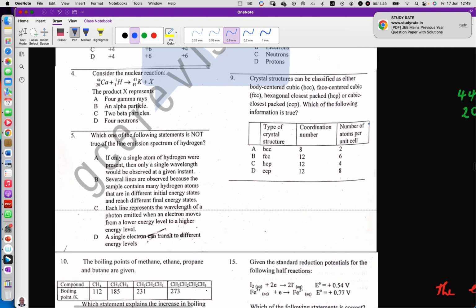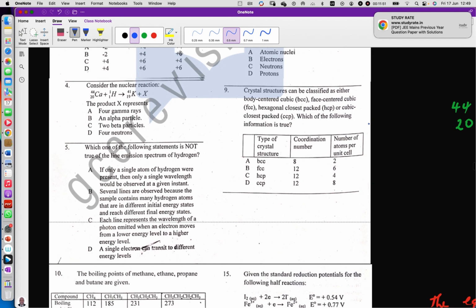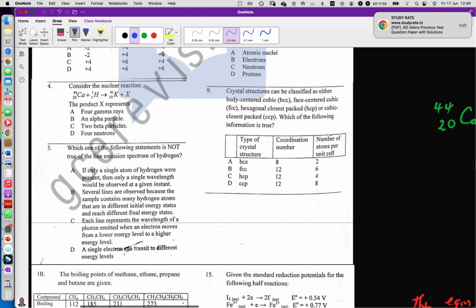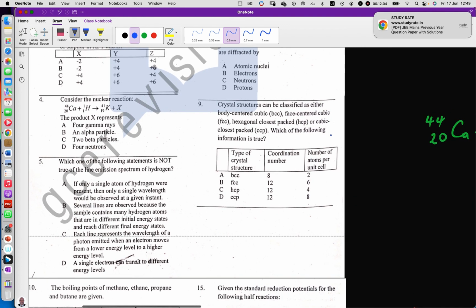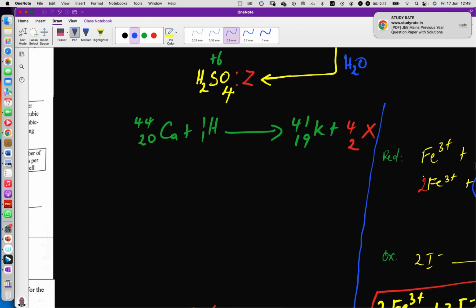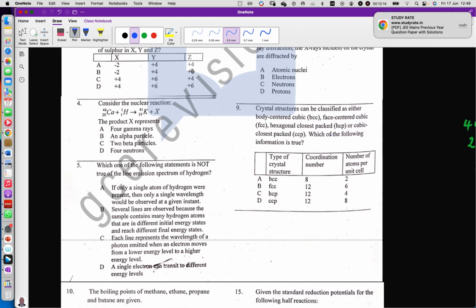Does that represent neutrons? It cannot represent 4 neutrons.